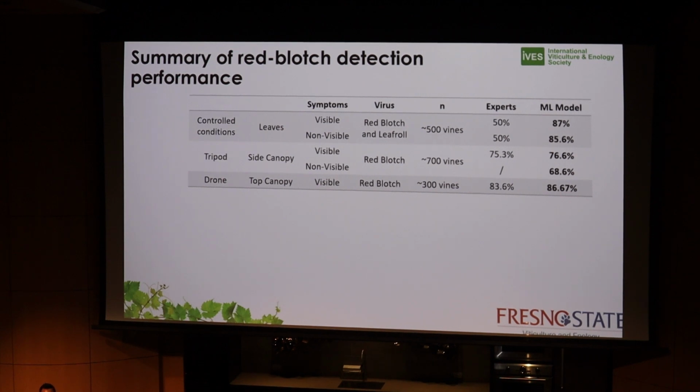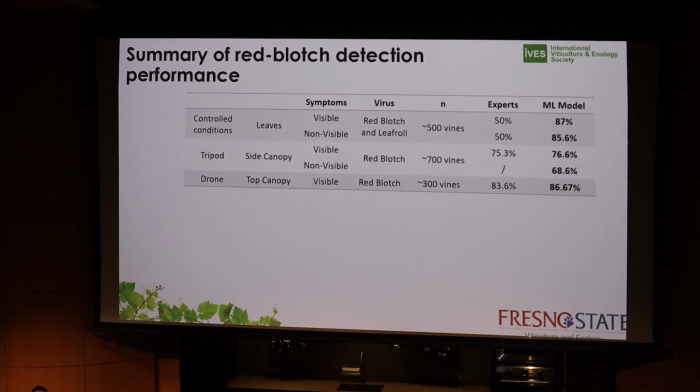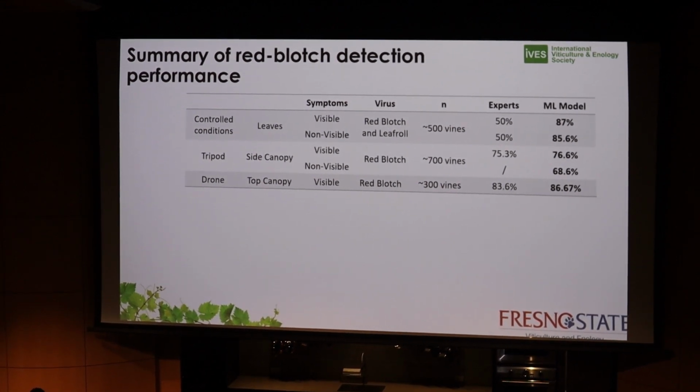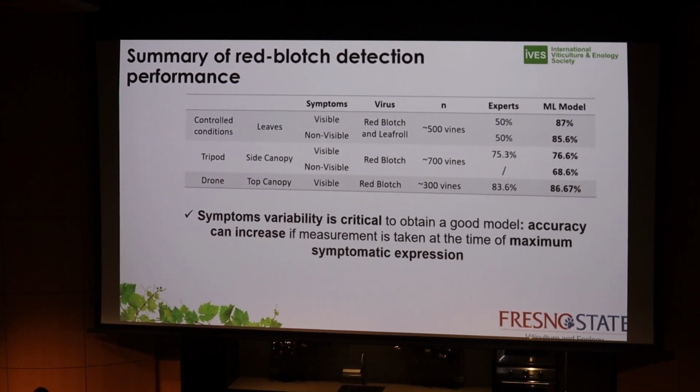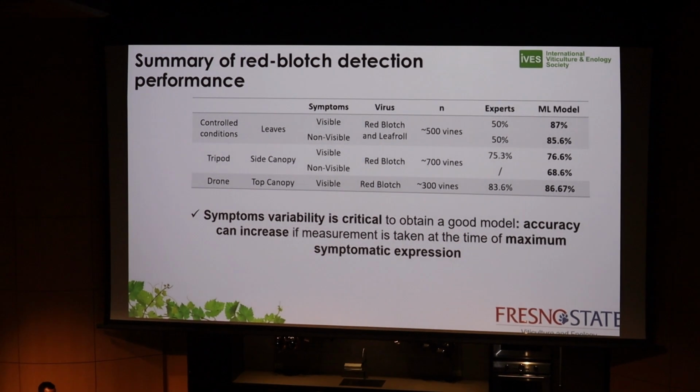So if the benchmark that we train the machines on is 95%, we can expect at most a 90% accuracy on these systems. Another thing that we learned is that we need to take the measurement at the maximum symptomatic expression. And right now we're working on wide varieties, and also we're trying to understand the metabolic signal a little better.